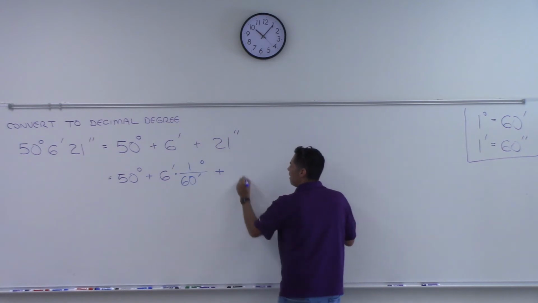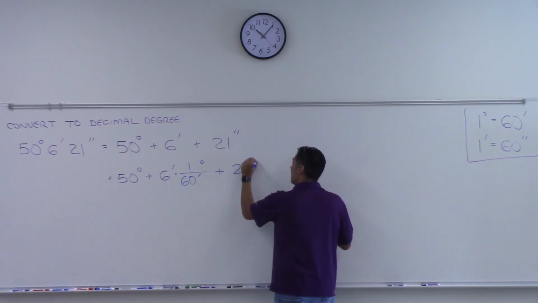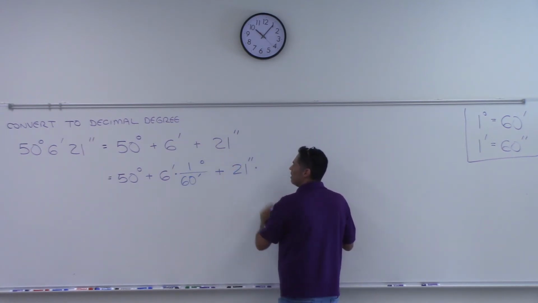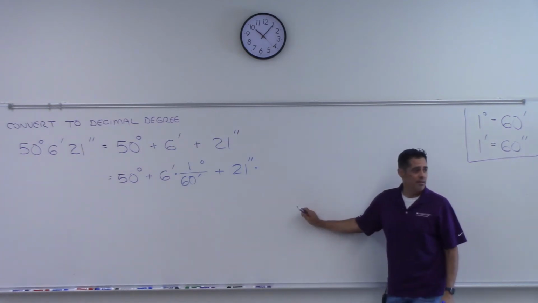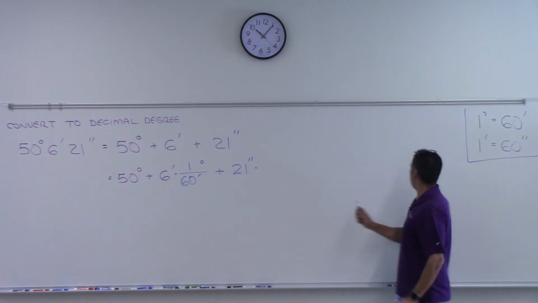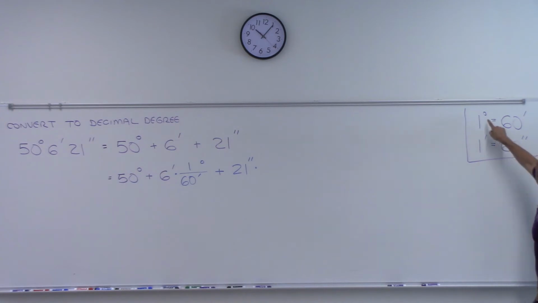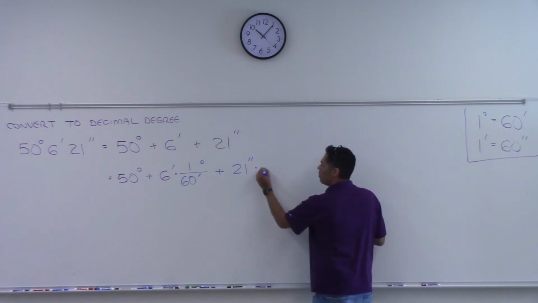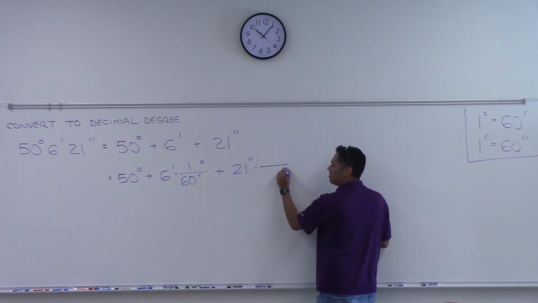Plus, okay, now I need 21 seconds to turn into degrees as well, right? But see, I don't have a connection between degrees and seconds, do I? I have to go degrees to minutes, and then I can go from minutes to seconds. So I have to do a double conversion here. I'm going to multiply this by something that gets rid of the seconds, creates minutes.